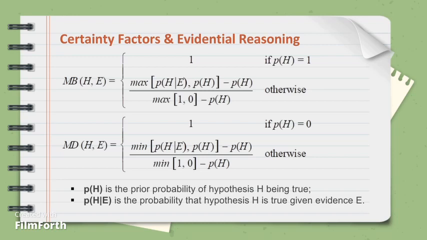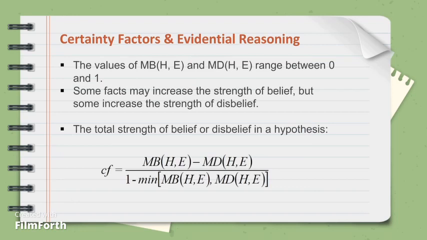So they will identify the prior probability of the hypothesis and the probability that the hypothesis will be true given the evidence is true. The measure of belief and disbelief usually ranges between 0 to 1. So the total strength of belief and disbelief is calculated into the certainty factor using this formula.